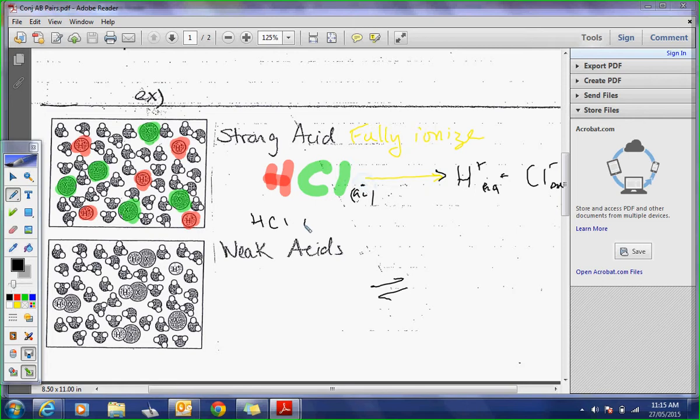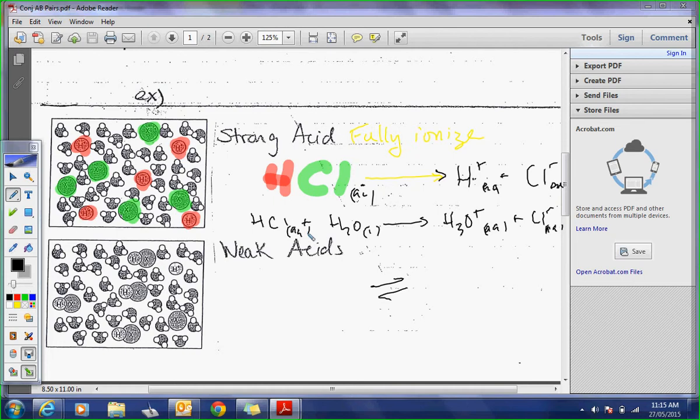We would say plus H2O, and that's going to make not H plus anymore, but rather H3O plus, because that proton needs to piggyback onto the water, and Cl minus. Again, still not all aqueous: aqueous, aqueous, liquid, aqueous. Okay? Everybody all right with that?